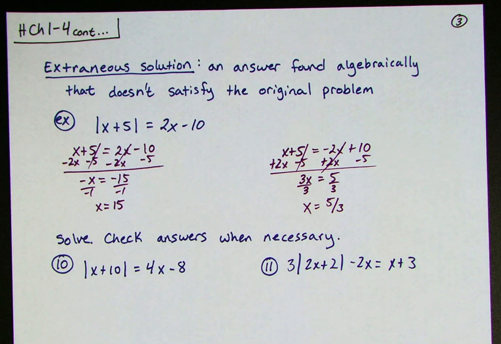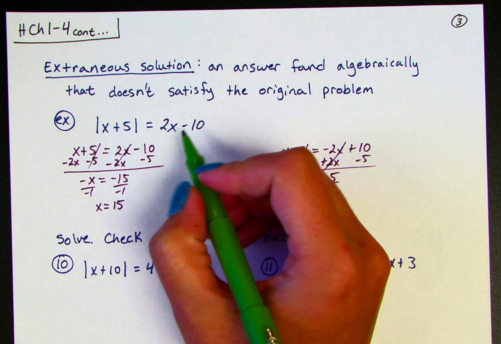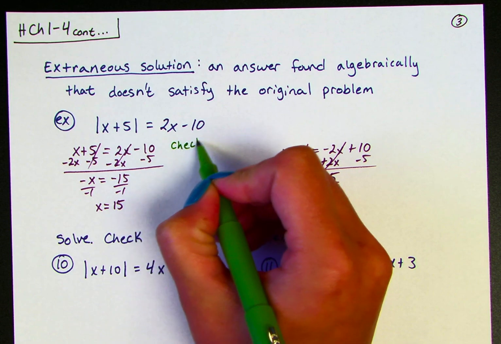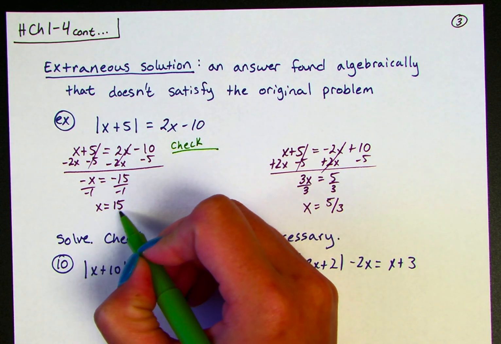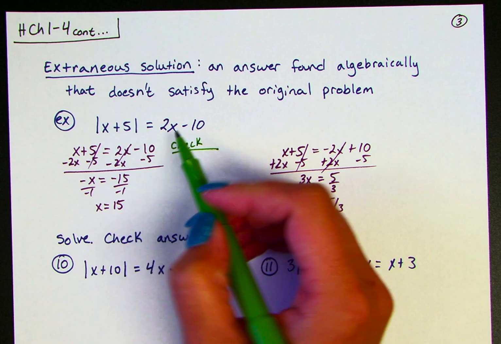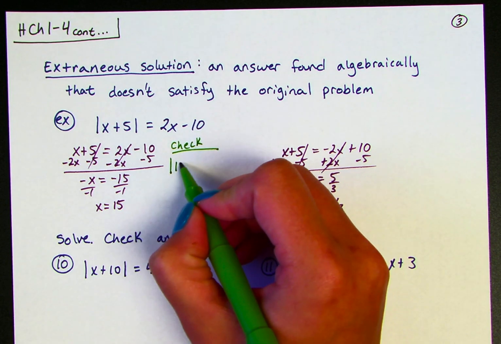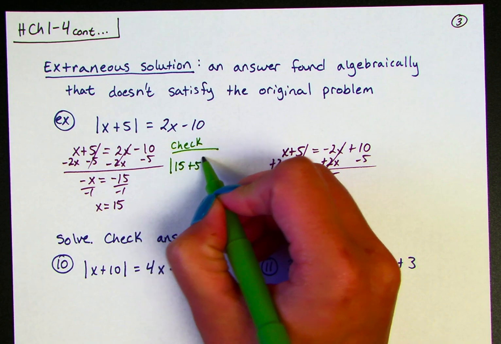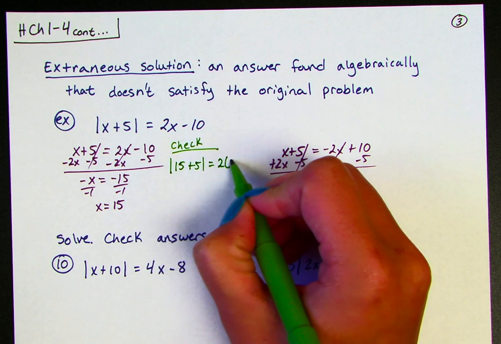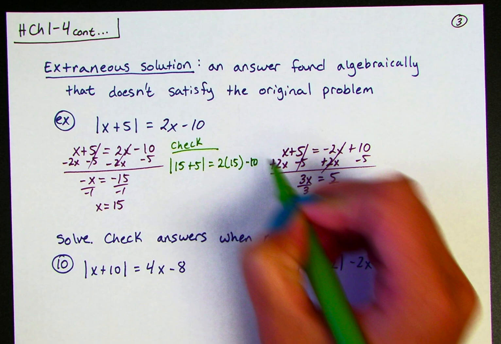Okay. Now once we have both of our answers, we have to check that they work in the original problem. So to do that, we're just going to substitute in our answer into all of the x's and see if we get a true or a false statement. So this will be the absolute value of 15 plus 5 equals 2 times 15 minus 10.